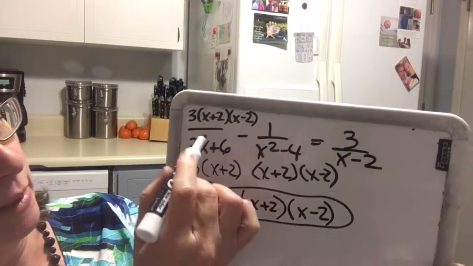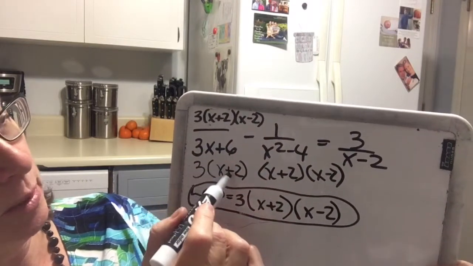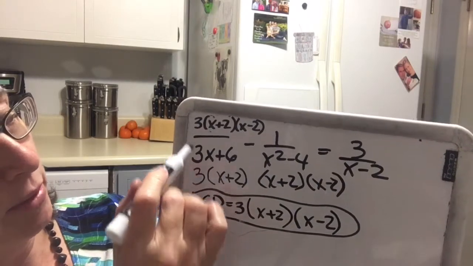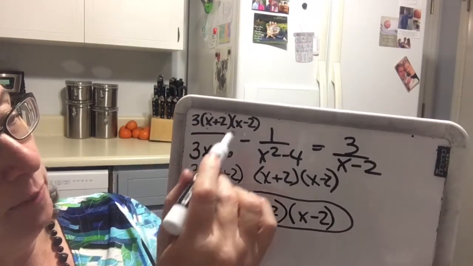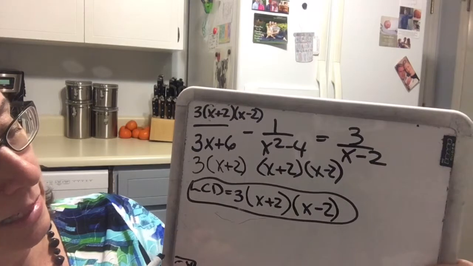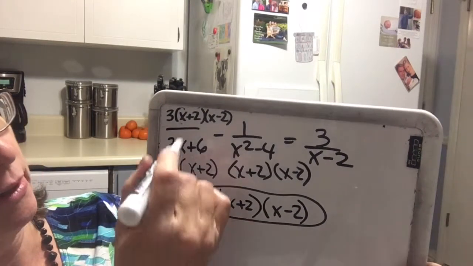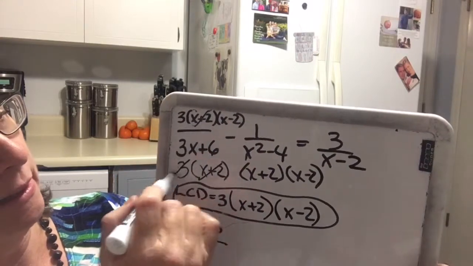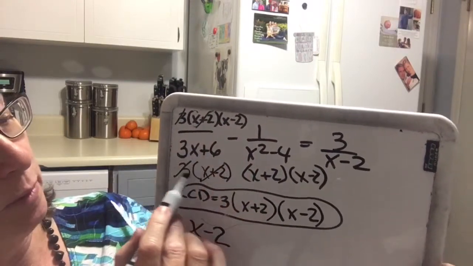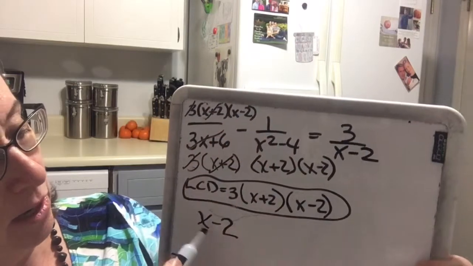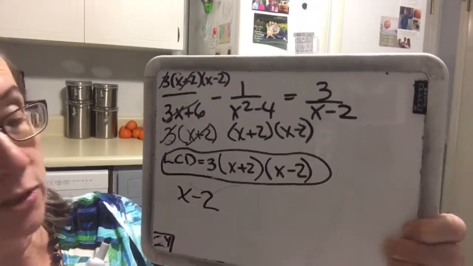And what's going to happen there? My x plus 2 on the bottom and my x plus 2 on the top are going to cancel. My 3's are going to cancel, and I'm just going to be left with an x minus 2. So x minus 2 is going to go down here, and everything else cancels. And remember that these were the same thing as that. So the only thing I have left on the first term is an x minus 2.